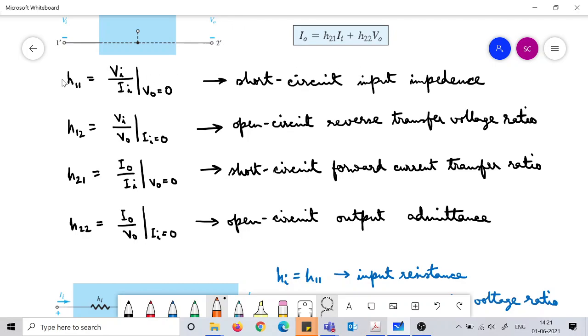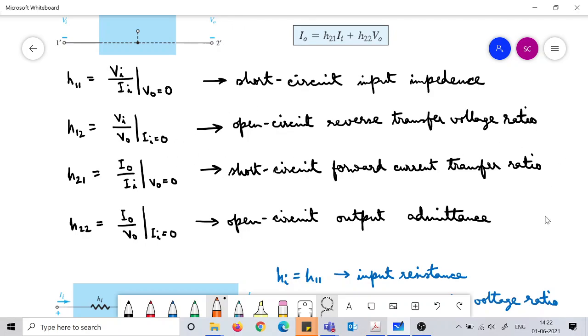So I hope these terminologies are now more clear, and if someone asks you what exactly is H21, you would be able to say that it is short circuit forward current transfer ratio, all of that. If someone tells you, tell me which is the open circuit reverse transfer voltage ratio, you should say that it is H12. Okay. So these terminologies, please pay attention and relate this in your head.